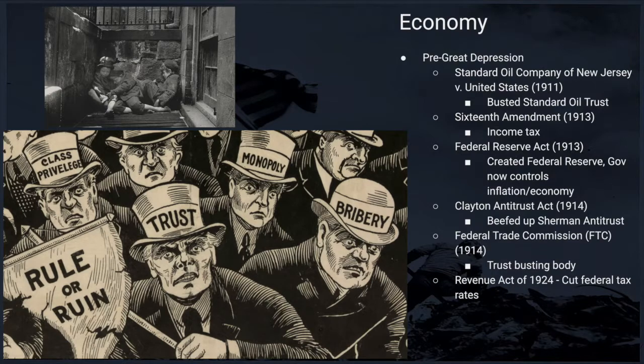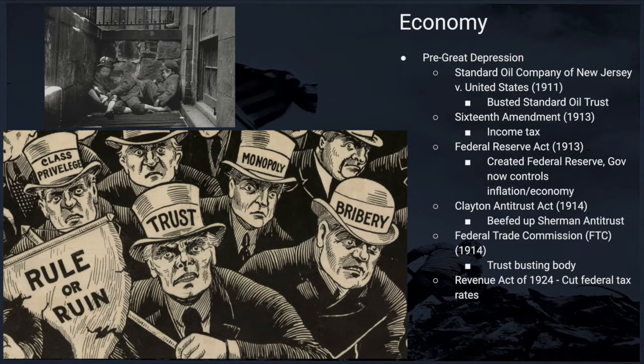We also have the Clayton Antitrust Act of 1914, which is going to beef up that older, less effective Sherman Antitrust Act so the federal government can break up these big monopolies. We have the FTC, the Federal Trade Commission, which is going to be a trust-busting body, meaning it is a government organization that is made to find and break up these big monopolies.